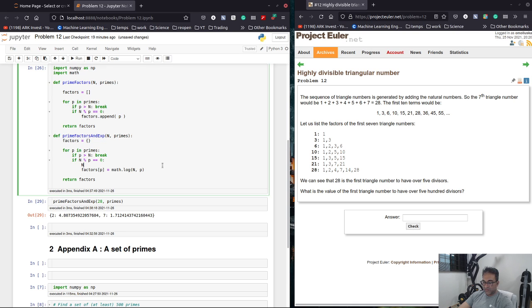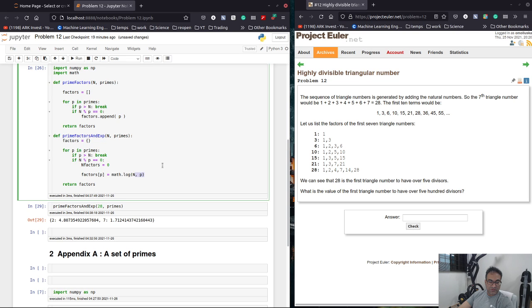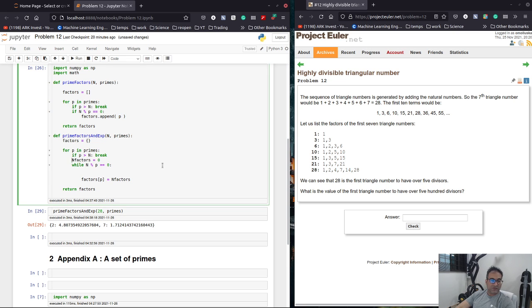n factors equals 0, and we'll call this n factors, and while this over here, we can put n factors over here. n factors is 0.